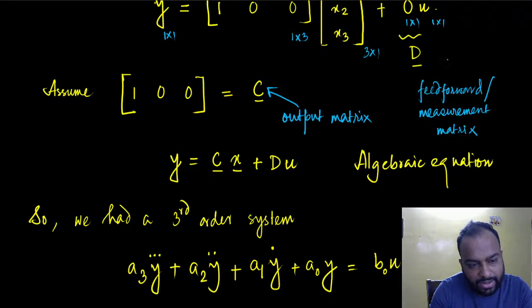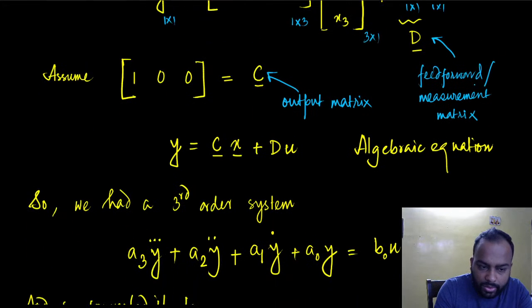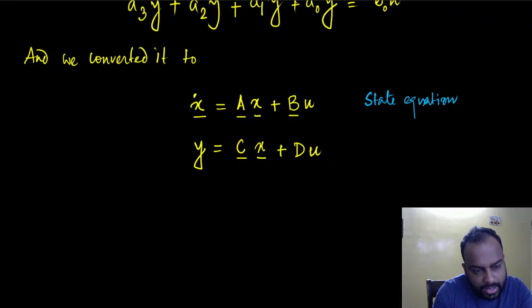In this one, this is not a matrix, this is a scalar quantity, but I am going to call it a matrix anyway. Okay, so these are the names here. And this equation itself here is known as the state equation, and this equation is known as the output equation.